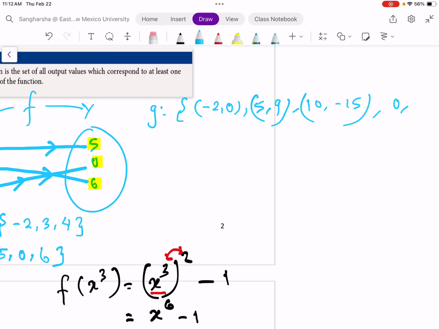So g is a name for a function, and we need to find the domain and the range for this function.